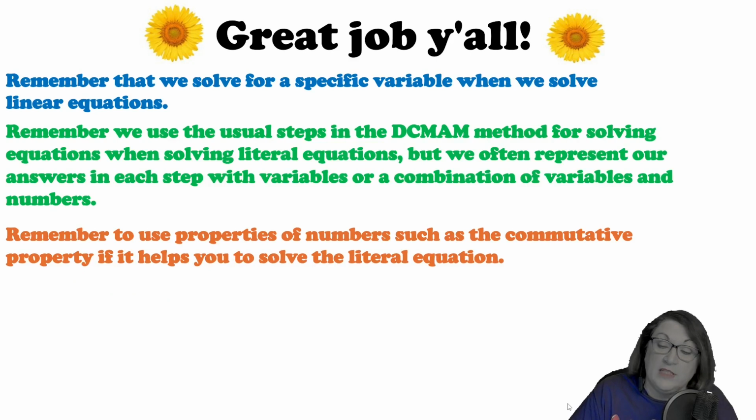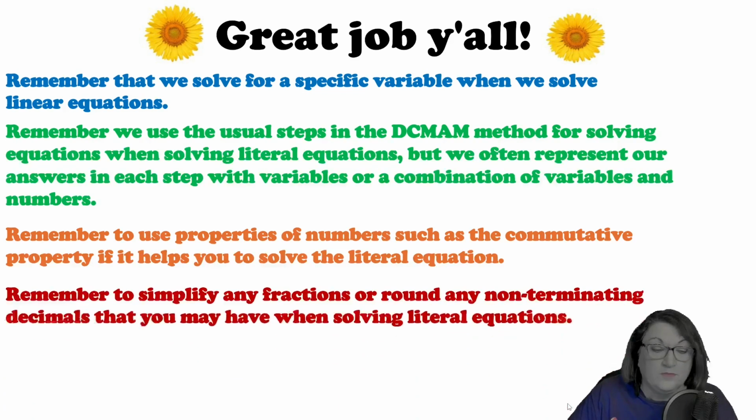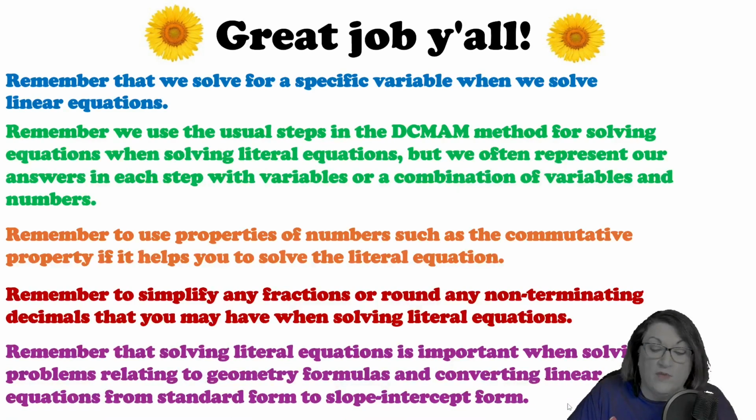Remember to use properties of numbers such as the commutative property if it helps you to solve the literal equation. Also, concepts like how to divide by a fraction: keep, change, flip, those kinds of things. Remember to simplify any fractions around any non-terminating decimals that you may have when solving literal equations. And remember that solving literal equations is important when solving problems relating to geometry formulas and converting linear equations from standard form into slope-intercept form.